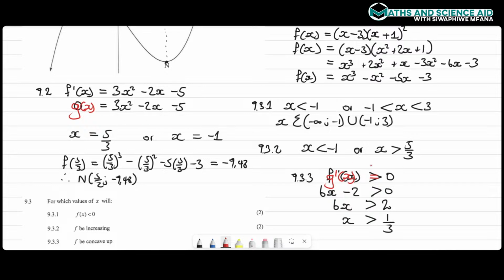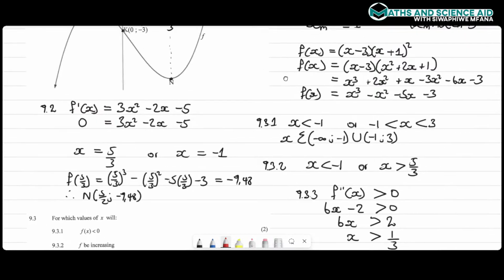And whenever we are doing that, as you know, it means that we are working out the turning point of g. So the point that I'm making here is that this point of inflection, which is at x equal to 1 over 3, is the same as the x value of the turning point of f prime of x.